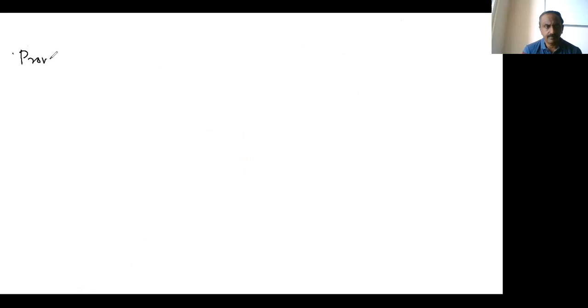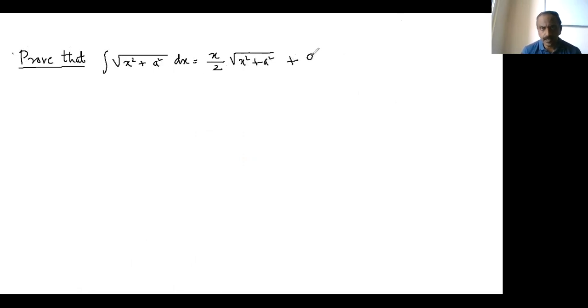Prove that integral root of x square plus a square dx is x by 2 into the question plus a square by 2. So the first one is x by 2 into the question. Repeat the question as it is. Plus a square by 2.